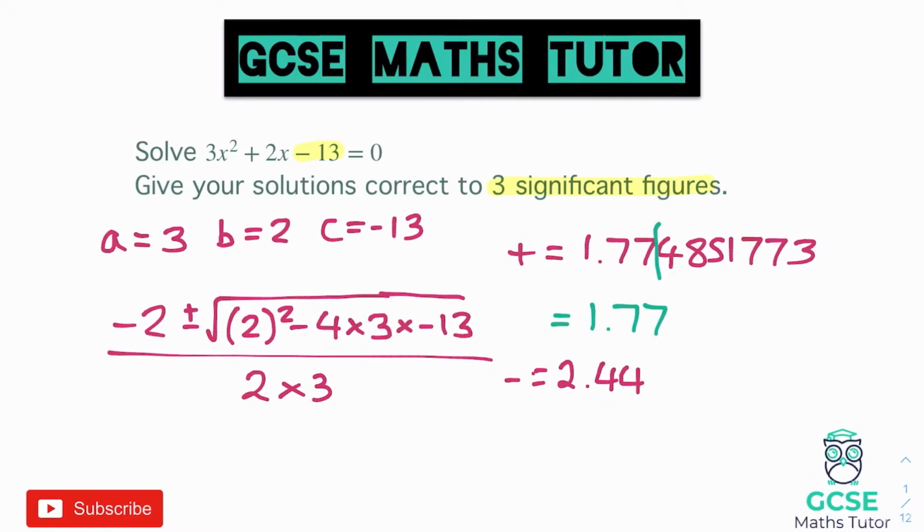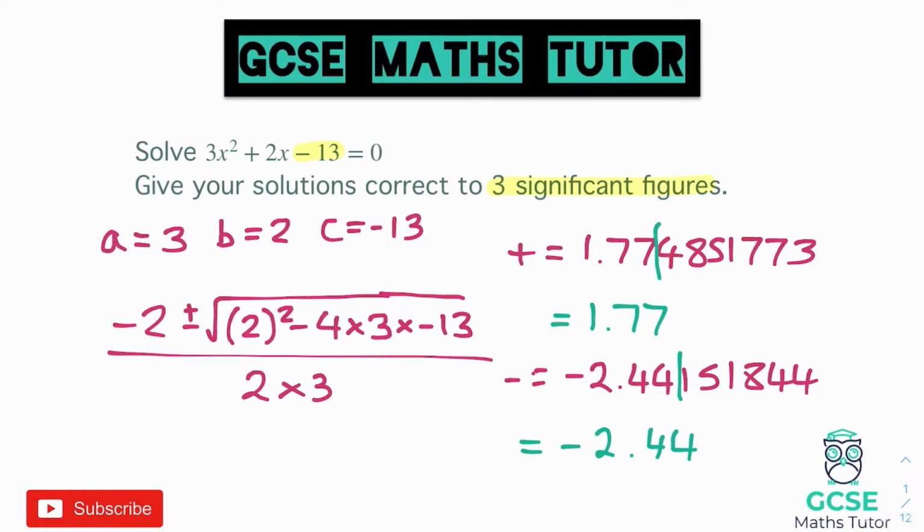I haven't put the negative sign in there, it's actually negative 2.44151844. There we go. And again, 3 significant figures, so 2.44, and again the 1 is not enough to round it up there. So our final answer is negative 2.44. And there we go. There's our 2 final answers, 1.77 and negative 2.44.